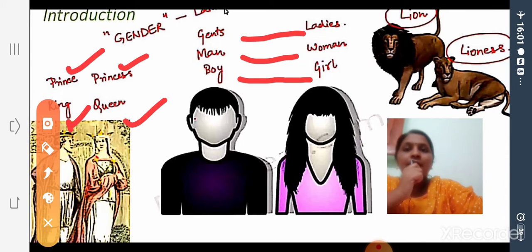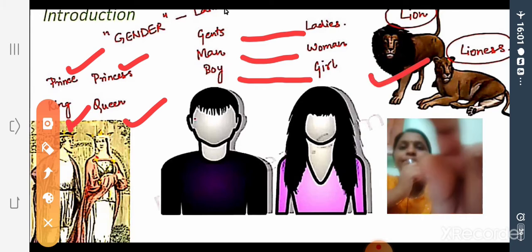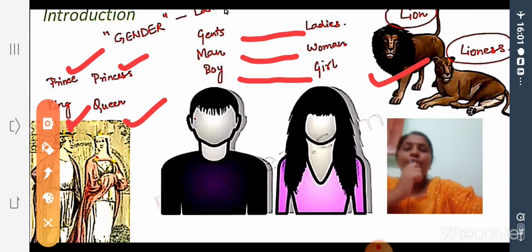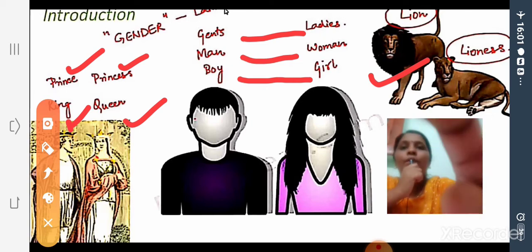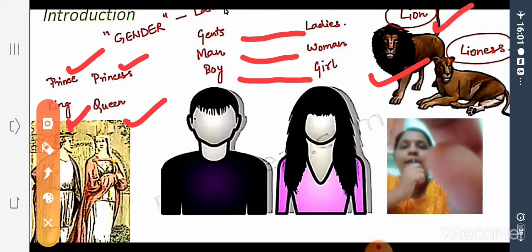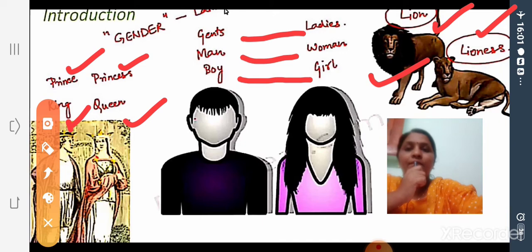Okay, so this type of distinction is not only for human beings but for animals also. So look at here. A picture of an animal is given there. Both animals belong to the same category of animals. Okay, lion. One is called lion and the other one is lioness. Both animals belong to the same category but are called lion and lioness.